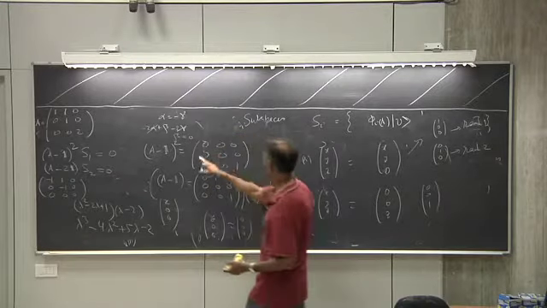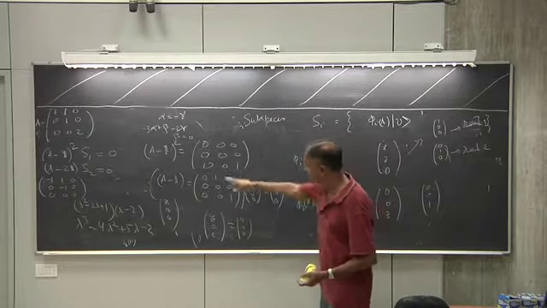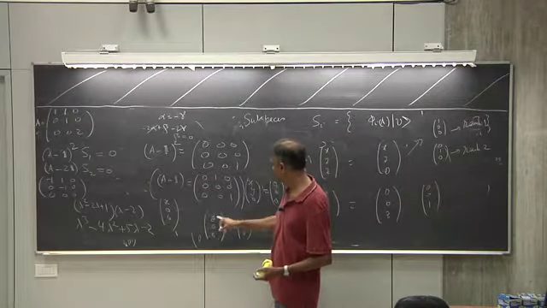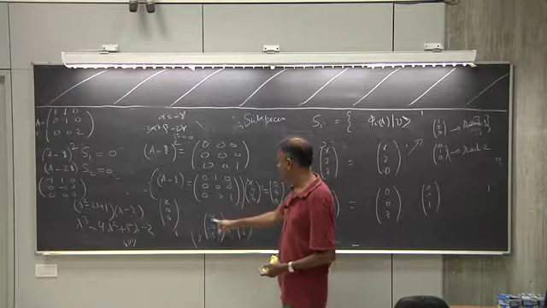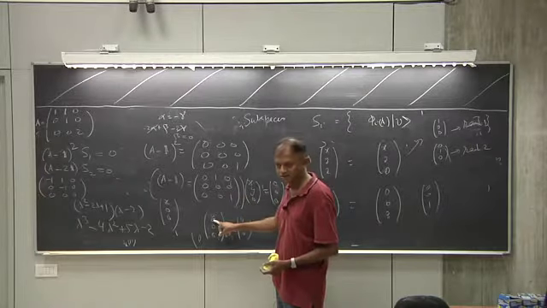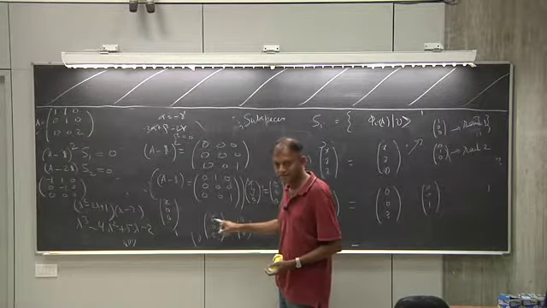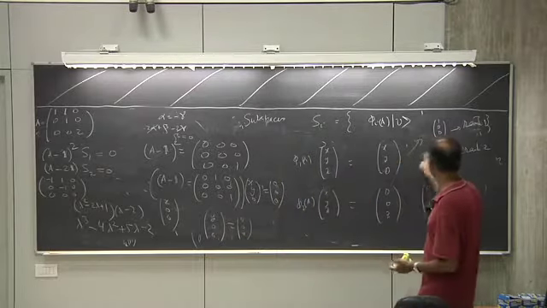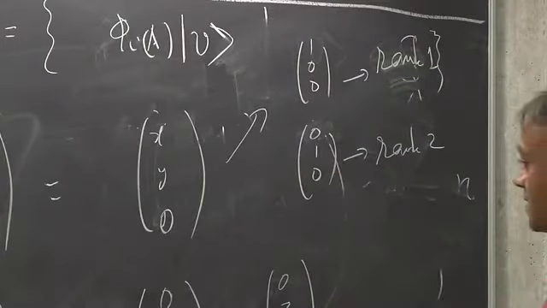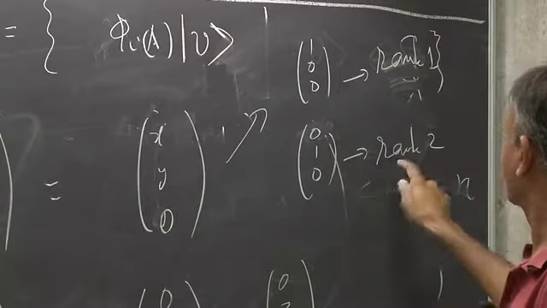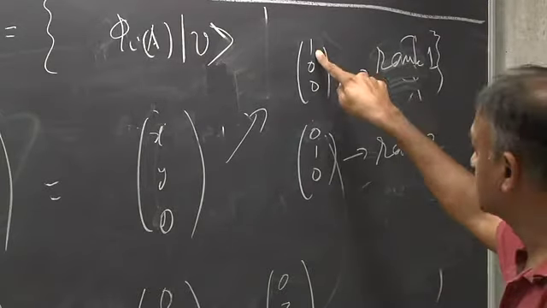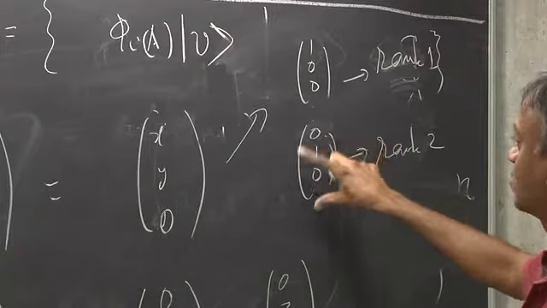But it's not annihilated by A minus 1, because when you apply that, this gives you y. It's not 0. It doesn't give you 0. For this one, y is 1. So this is the rank 2. And in fact, this vector you can write as A minus 1 acting on that.